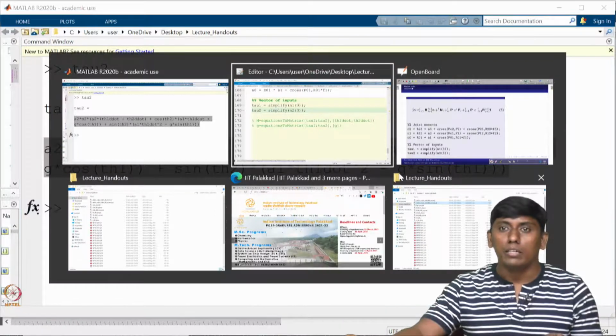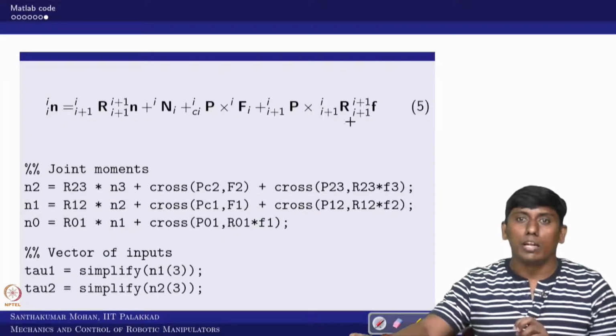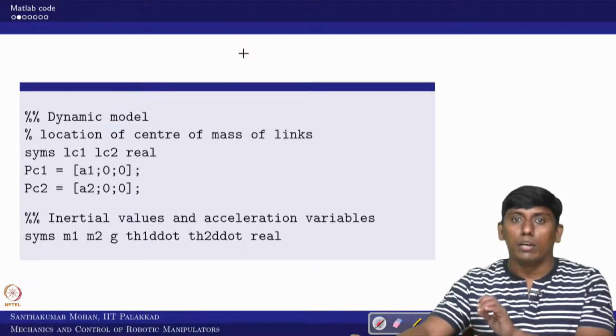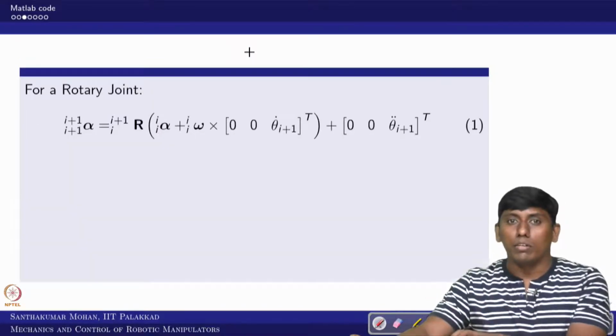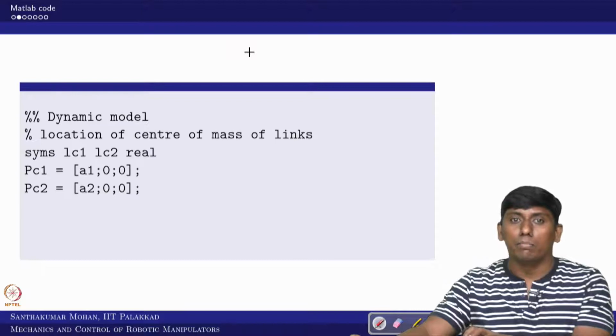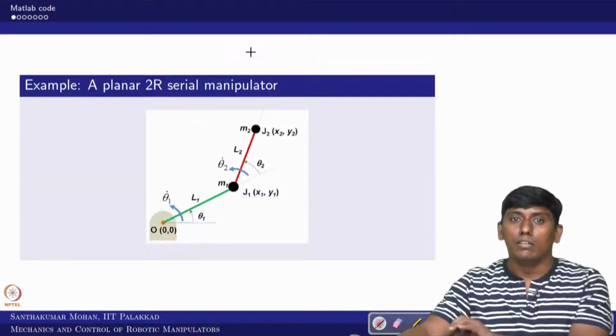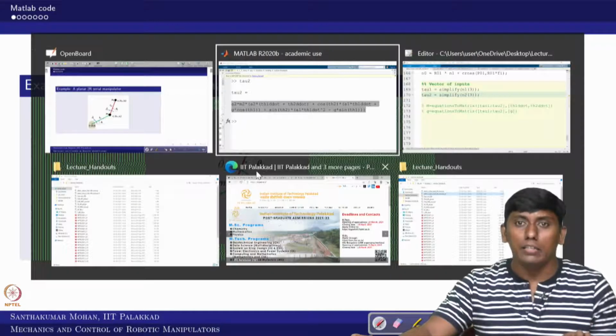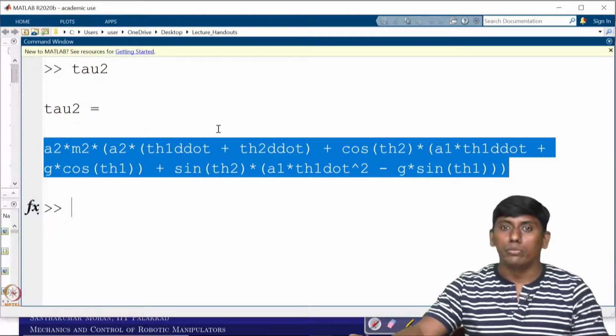If you go back to the equations you derived for this particular system, the same equations are obtained in the MATLAB output also. So the benefit is that you can use MATLAB for deriving the equations of motion.